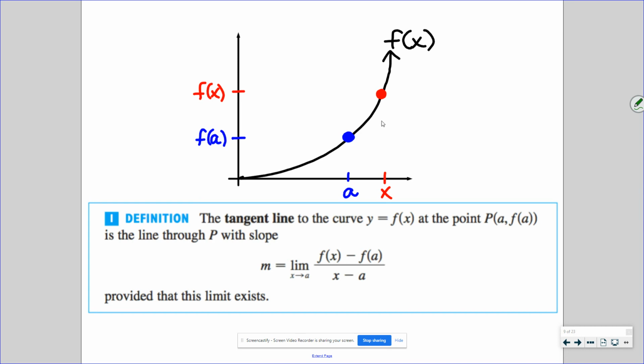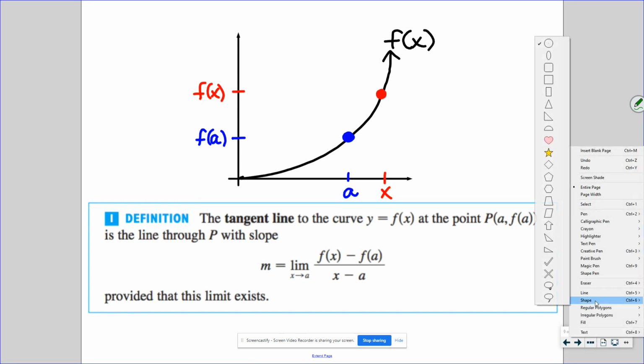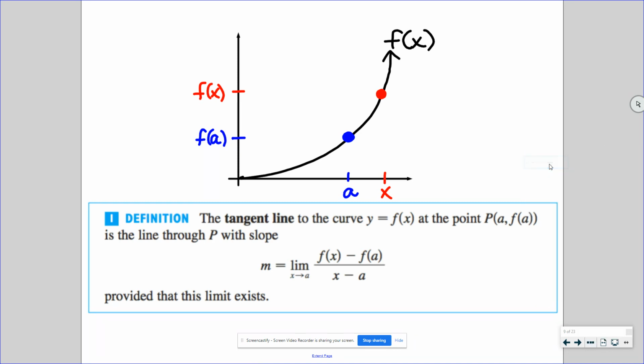And the idea is we're pretending we have a straight line, a tangent line. So let me get a line going through point A. So we've got a tangent line going through point A. And what I want to do is find the slope of this tangent line. But in order to do that, I would have to start with finding the slope of the secant line.